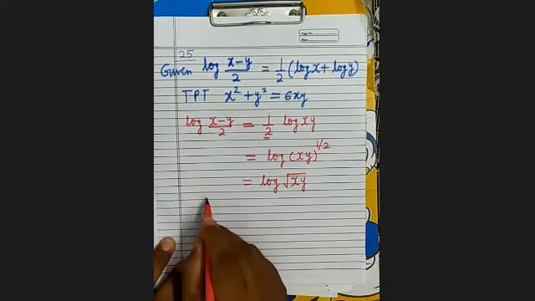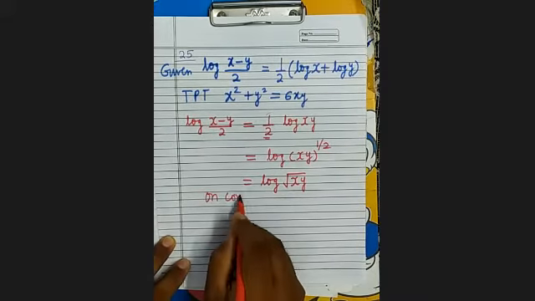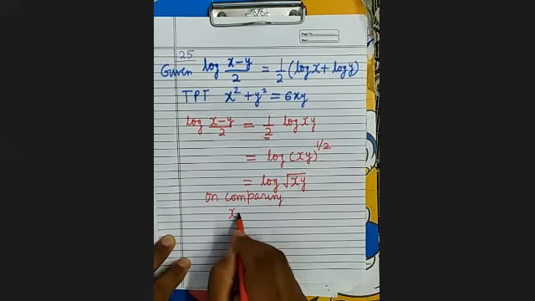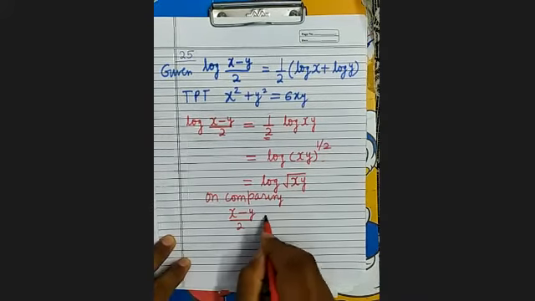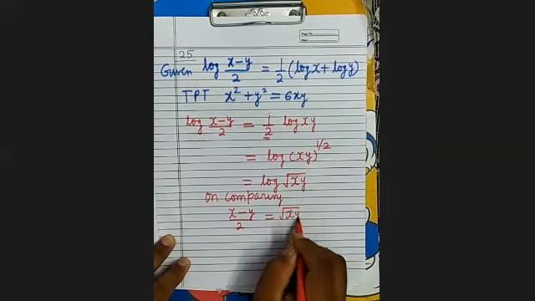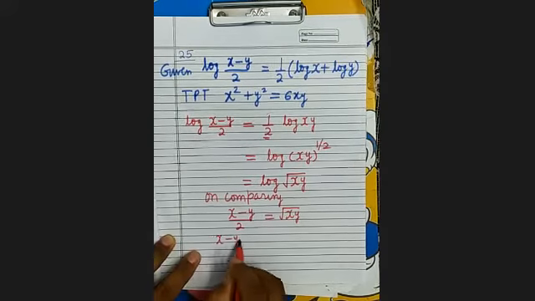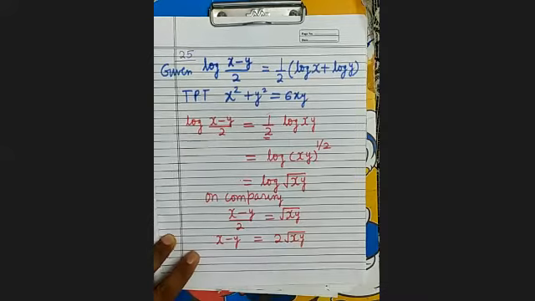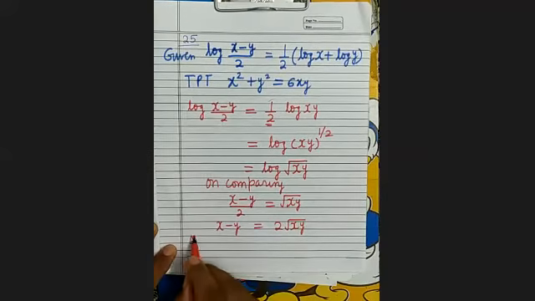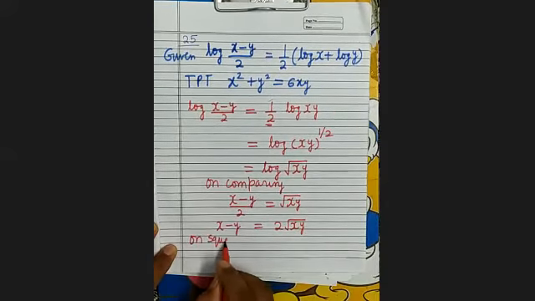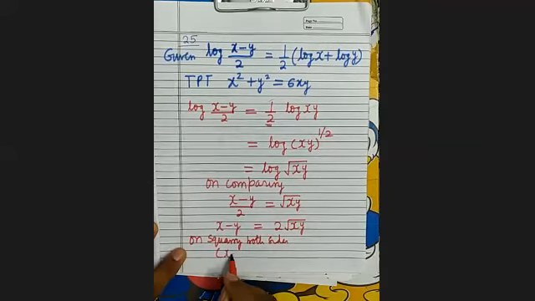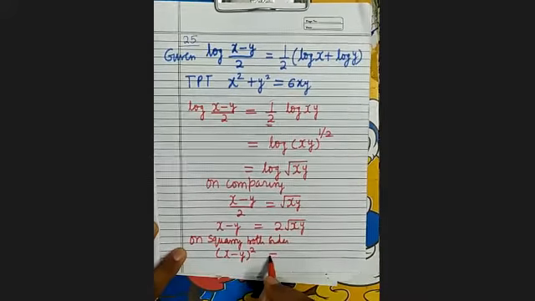So on comparing, you will get (x minus y) upon 2 equals root xy, or x minus y equals 2 root xy. Now on squaring both sides, when you do the square, it is (x minus y) whole square.